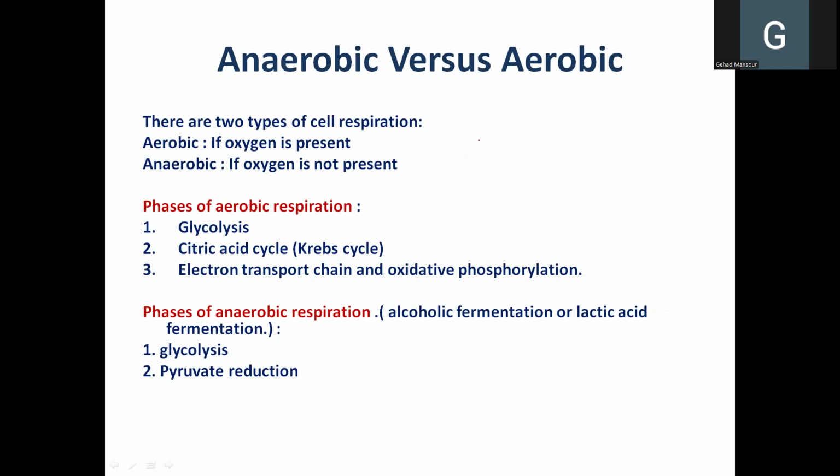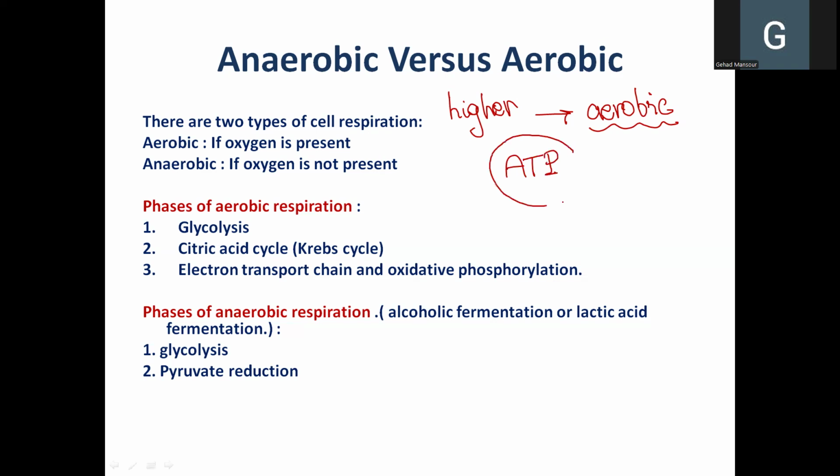Of course, human beings and higher organisms in general are aerobic organisms, meaning that they produce energy and ATP only in the presence of oxygen. But there are certain biochemical reactions in the human body that occur under anaerobic conditions, and we will see this.